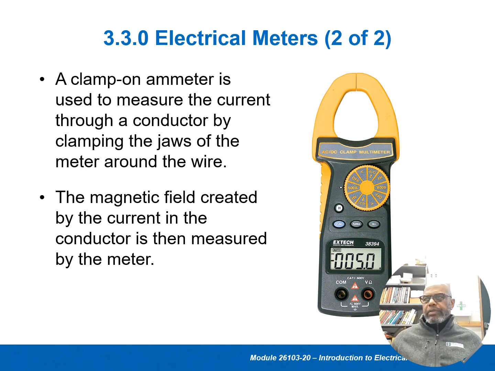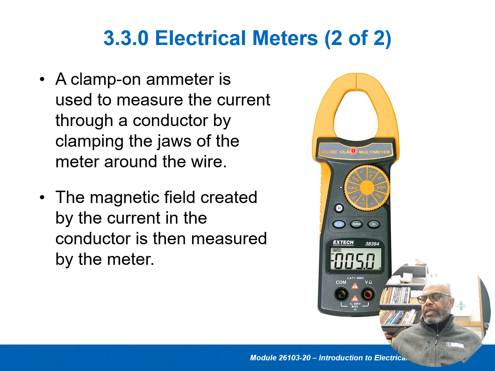Now, to read current in amperage, we can use what we call a clamp-on ammeter. This is safer than the other meters. Here's the reason why: we don't disconnect any wires like you would with a digital meter. These jaws actually sense the magnetic energy coming through the wire and convert it to amperage.